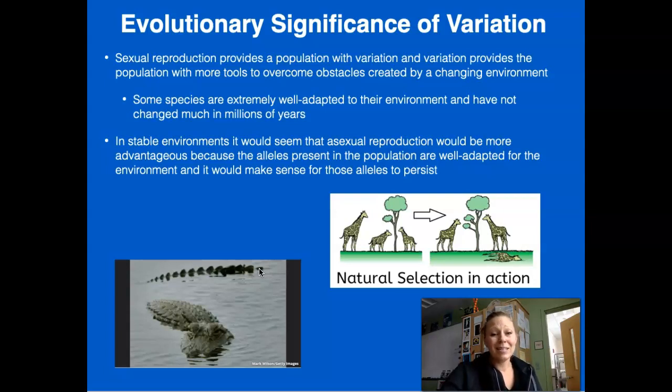In these scenarios, it almost seems as though asexual reproduction would be a more advantageous solution because the alleles present in the population are well adapted for the environment, and it would make sense for those alleles to persist. However, if a change in the environment did occur, they may not have the tools to overcome it.